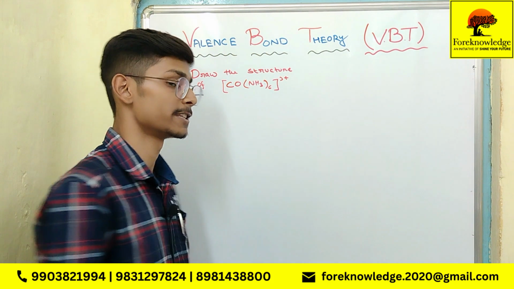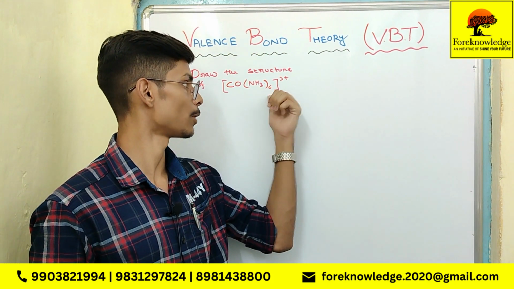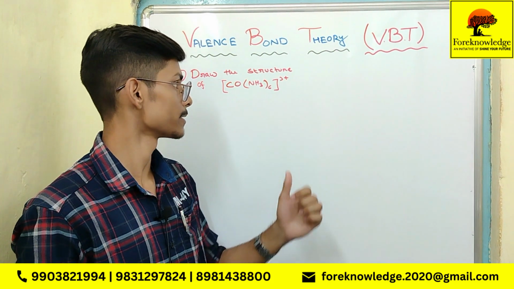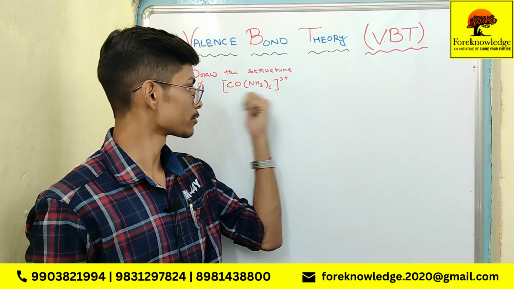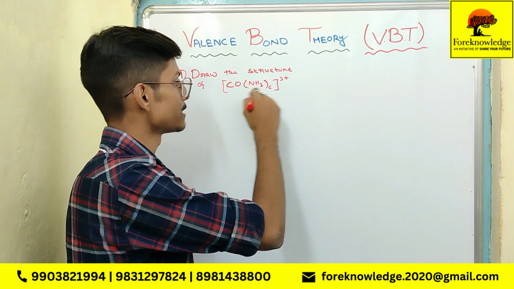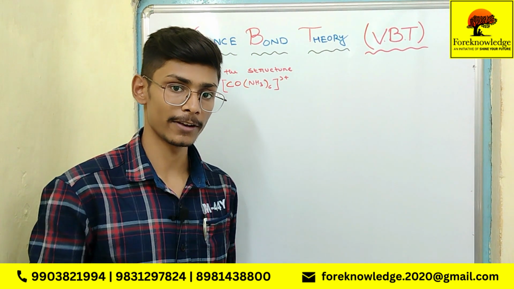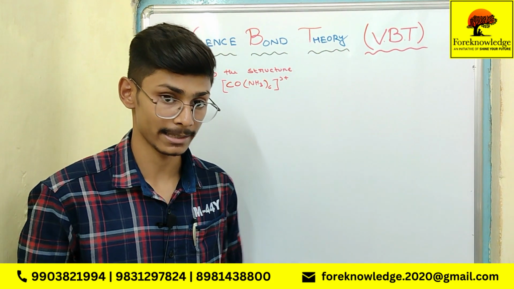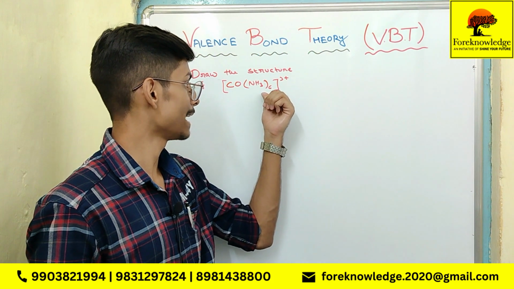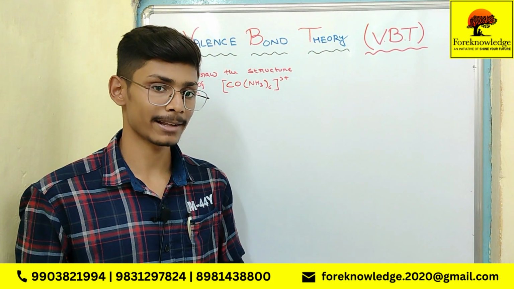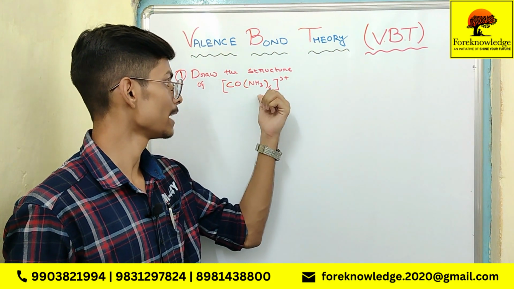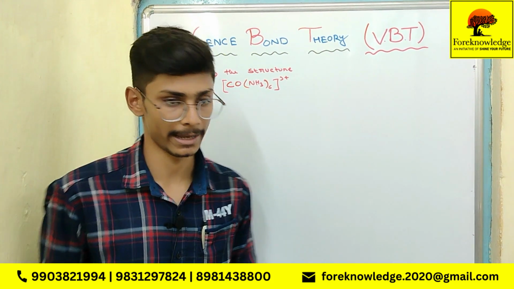Because of the presence of CO. So you have to memorize that when CO is present with NH3, then NH3 will act as a strong field ligand. Otherwise, for chromium, nickel, or any metal present with NH3, NH3 will act as a weak field ligand as general. But in case of CO, NH3 will act as a strong field ligand.